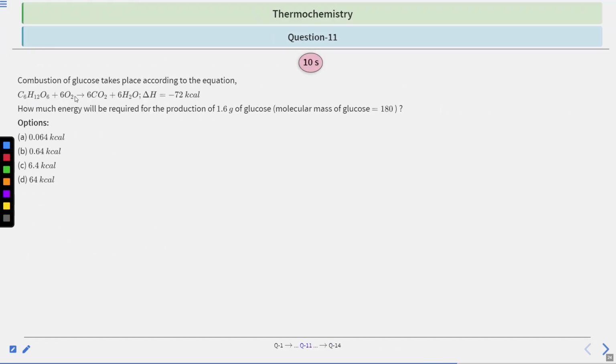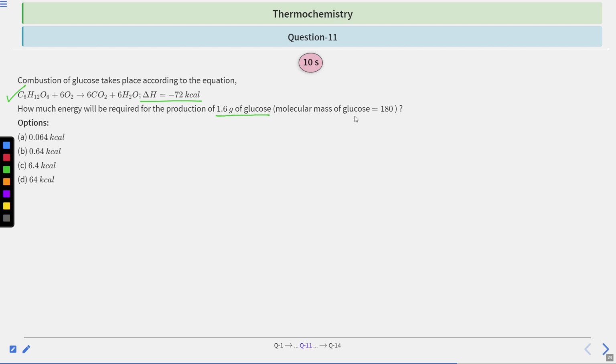Let's move to question number 11. Combustion of glucose takes place according to the equation C6H12O6 plus 6O2 gives 6CO2 plus 6H2O, and del H is minus 72 kilocalorie for this reaction. So how much energy will be required for the production of 1.6 gram of glucose?